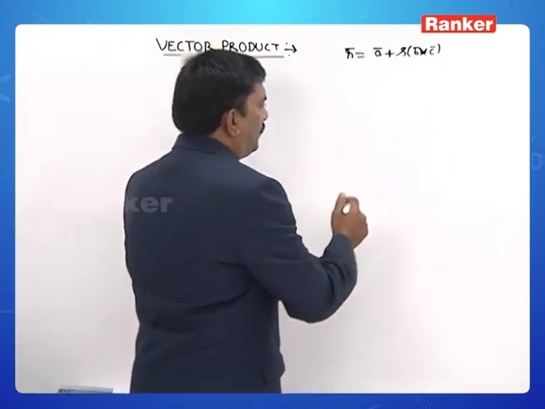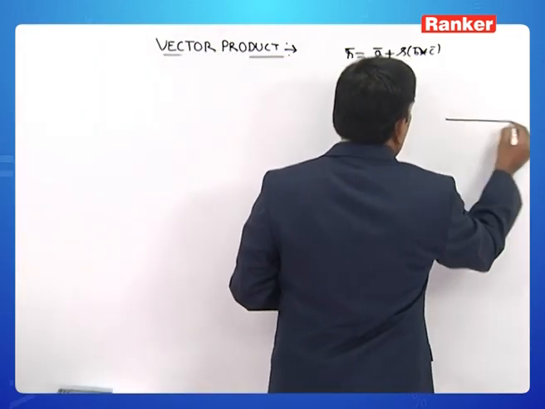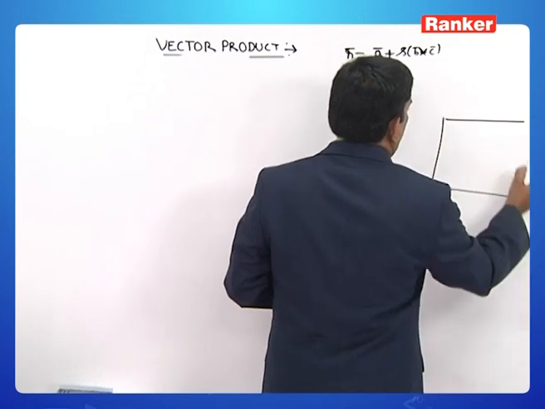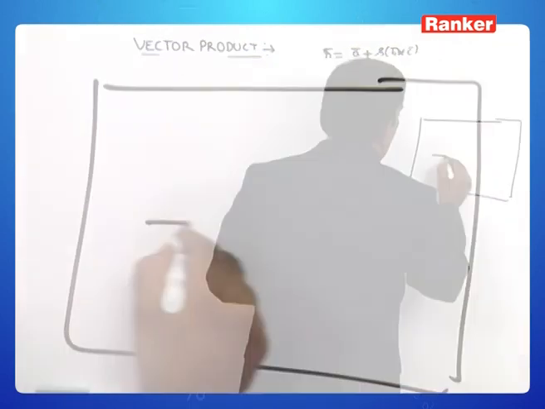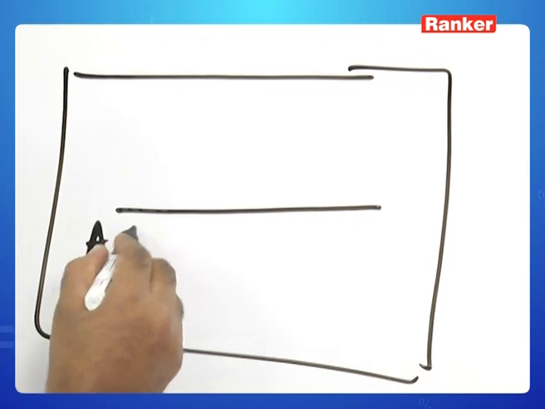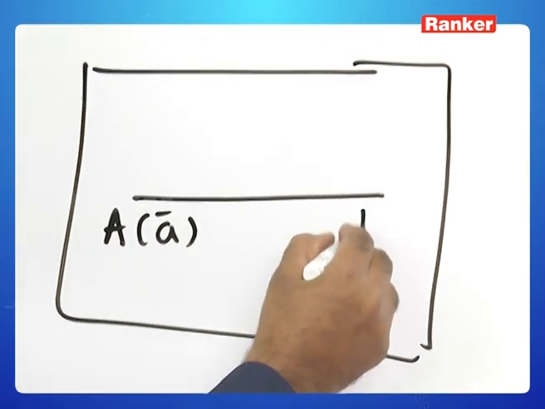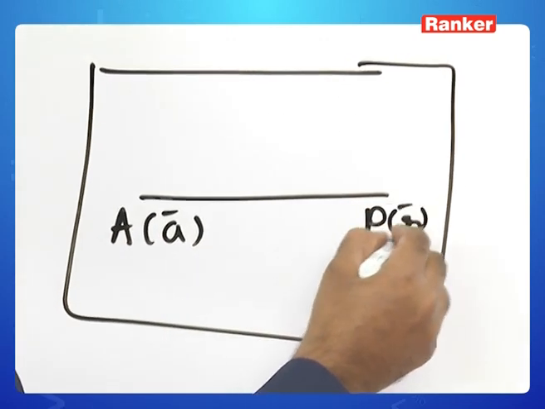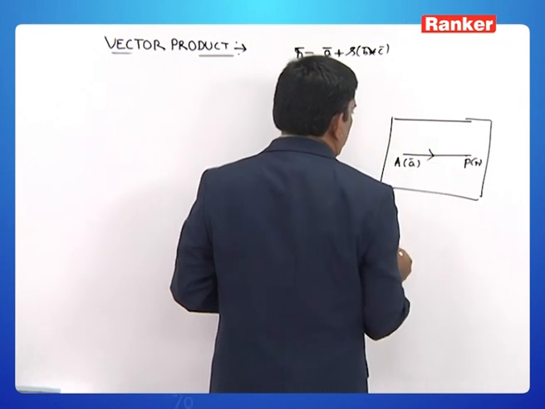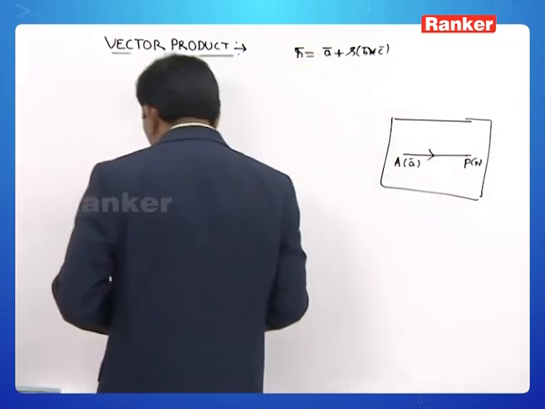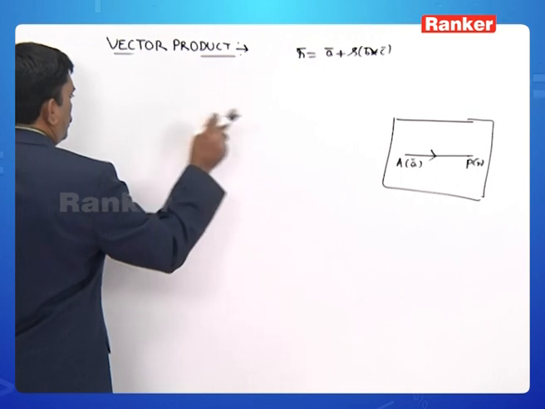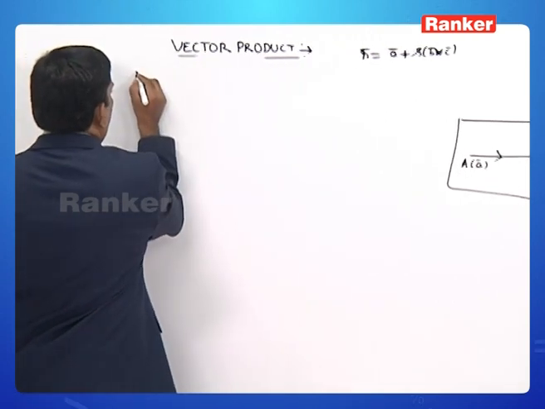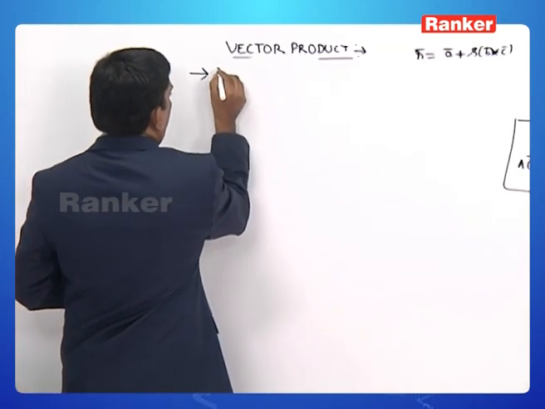Let us see. If I take this as a plane, this is a plane passing through the point A of A bar, P of R bar. This is the vector. Now there are two vectors, B bar and C bar, perpendicular to it.